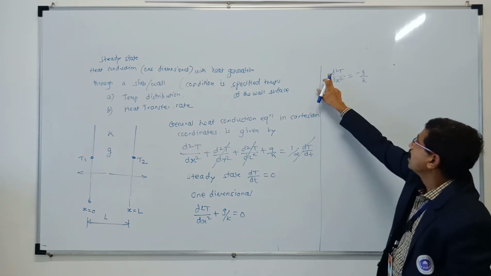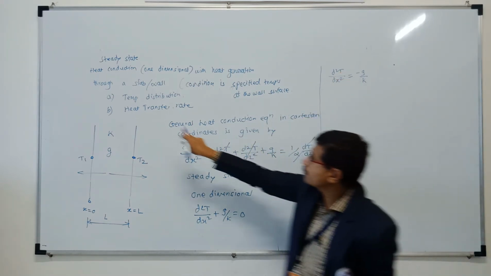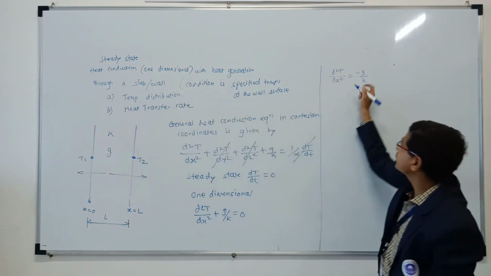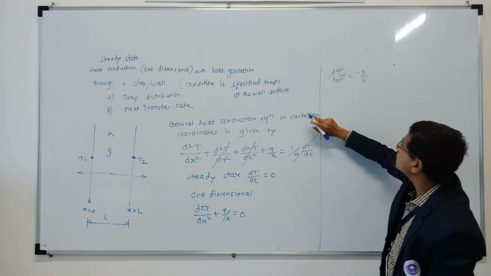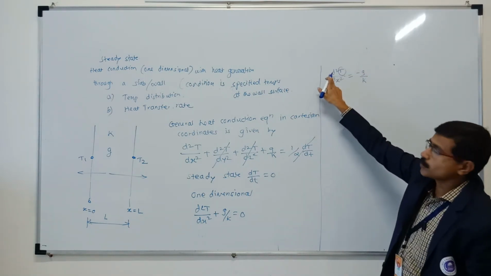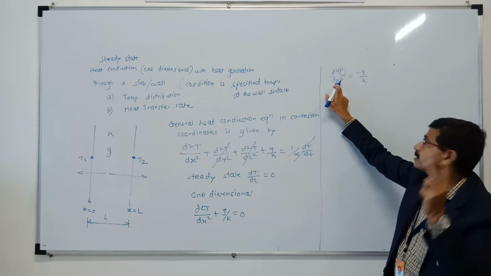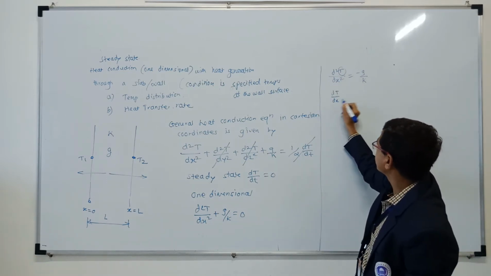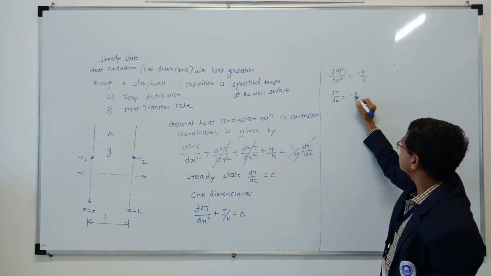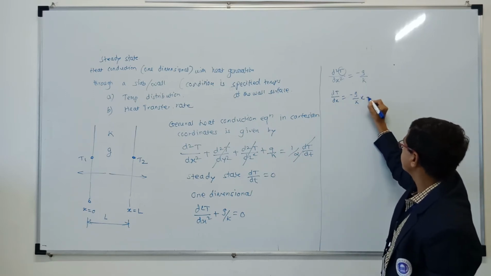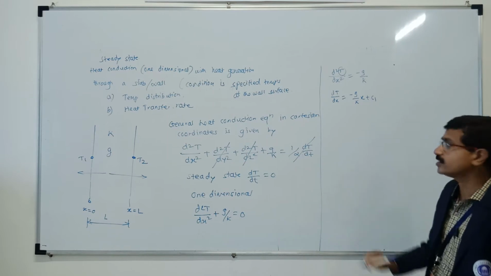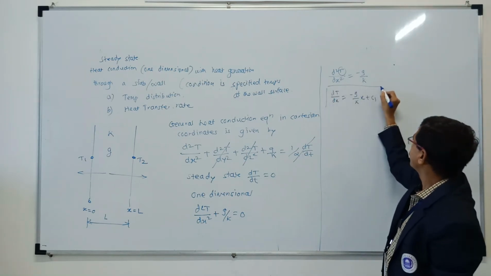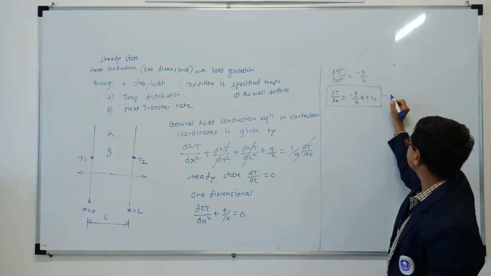Now as I want to find out the value of temperature distribution, means I am interested in this capital T, and this is d square, so I have to integrate it twice. So first integrate it, dT by dx is equal to minus G by k x plus C1. Okay, this is the first integration. I am writing this as equation 1.